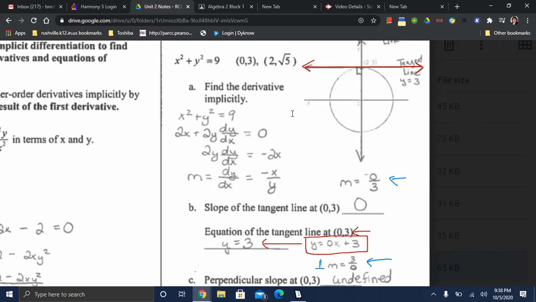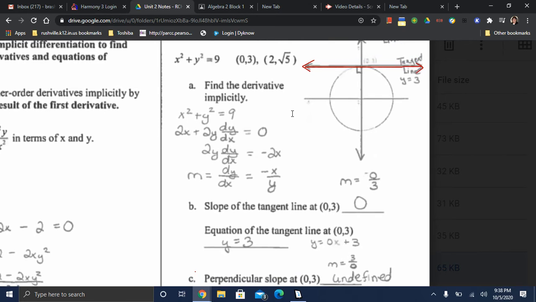Now, there is no opposite sign of 0, but you can flip it over. 0 over 3 flipped over is 3 over 0. The reciprocal is 3 over 0. And that means that we have an undefined slope, which shouldn't be too big of a surprise, because if your tangent line is horizontal, then the line that is perpendicular to that would be vertical.